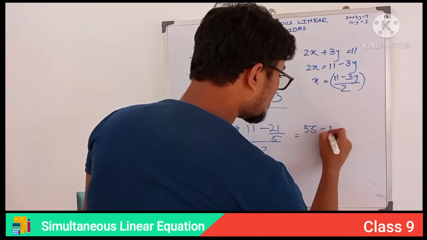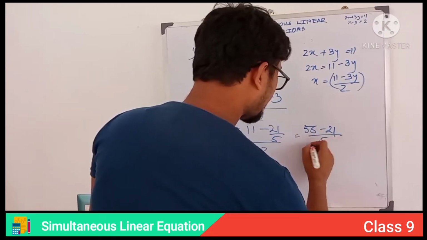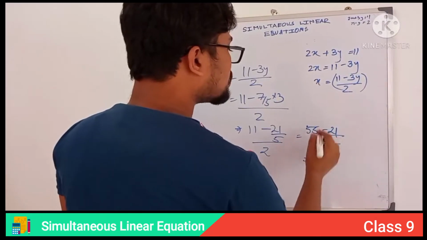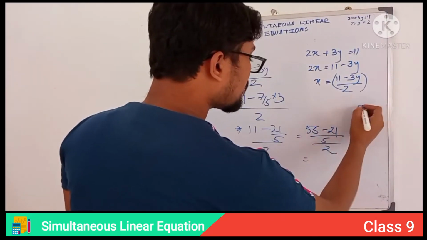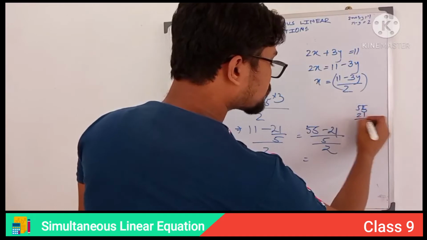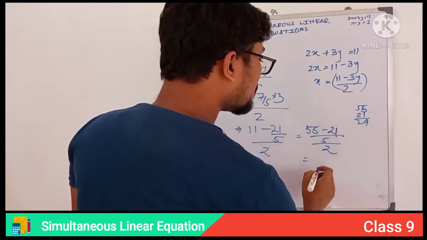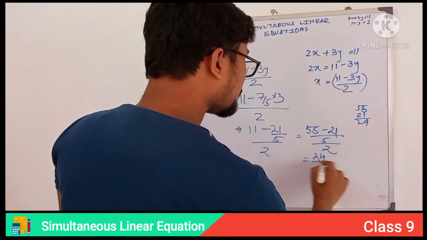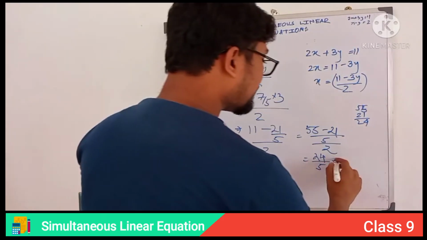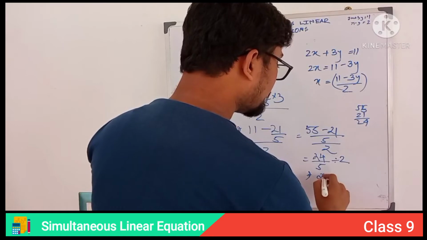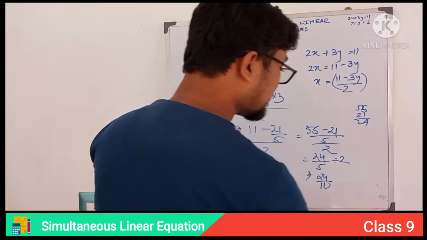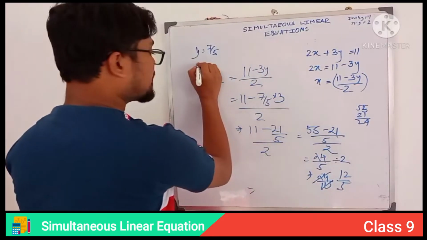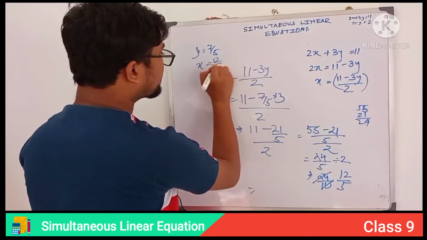So 55 minus 21 is 34, no, 24, by 5 divided by 2, that's equal to 24 by 10, which is 12 by 5. So the value of x equal to 12 by 5.